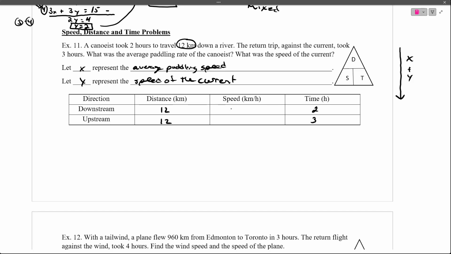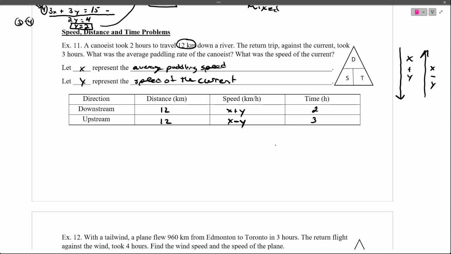So the downstream speed is the speed of the canoe plus the speed of the current. However, when he's coming back up, the current, which is still moving in the same downward direction, is now working against him. So even if his speed is x, now the current is going against him. So it's his canoe speed minus however fast the current is. So this one is x minus y.